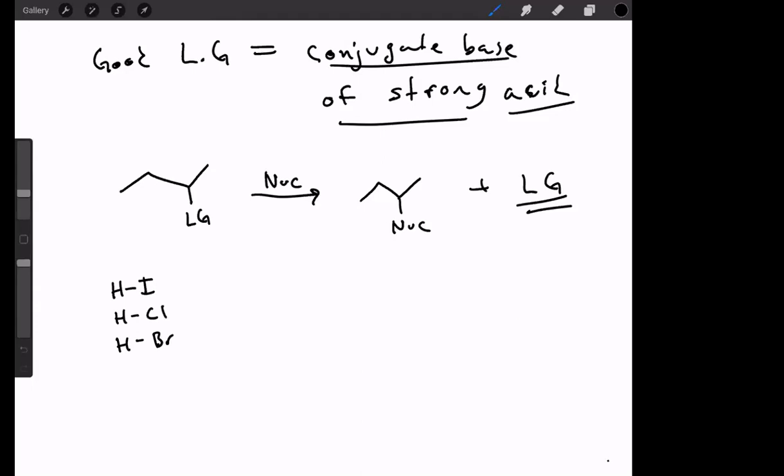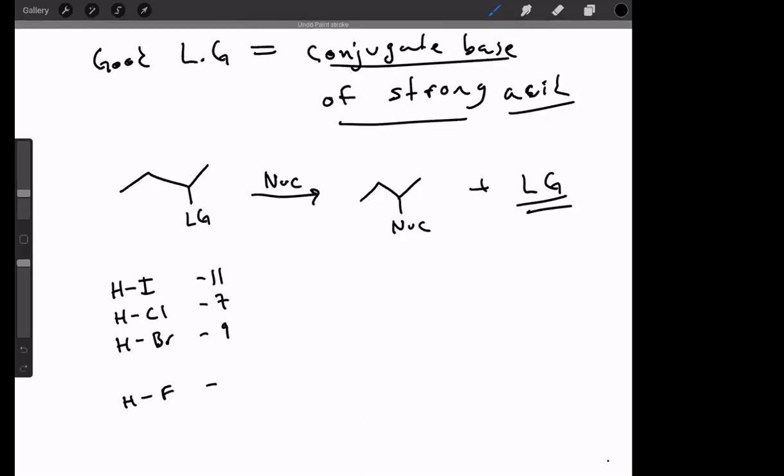They have pKa's of about -11, -9, and -7. But if I compare it to HF, we should realize that HF is a weak acid. It has a pKa of 3.